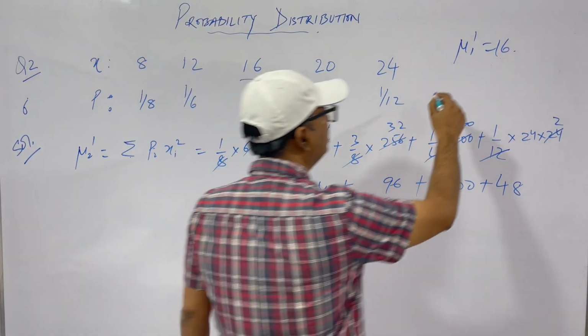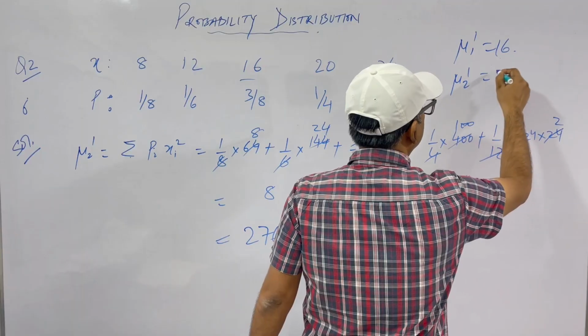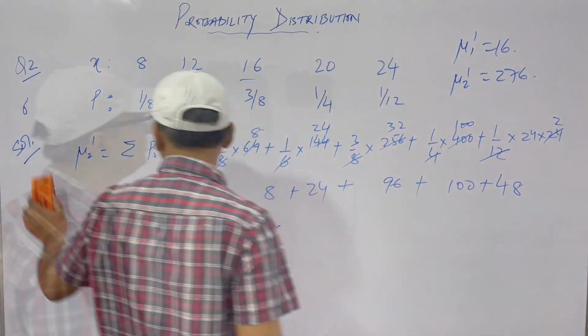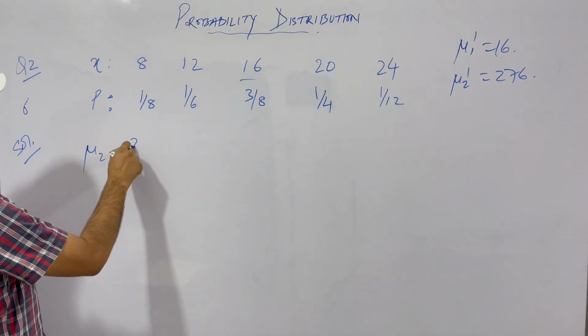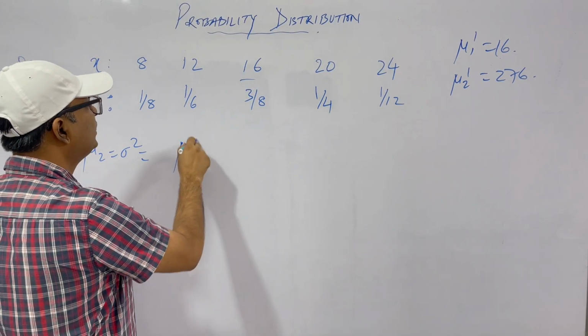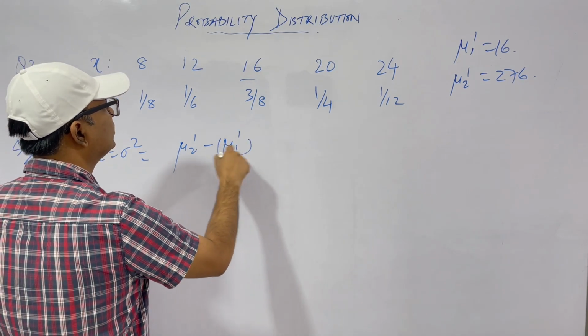So we have got our mu2 dash, 276. Therefore mu2, that is our variance, is equal to mu2 dash minus mu1 dash square.